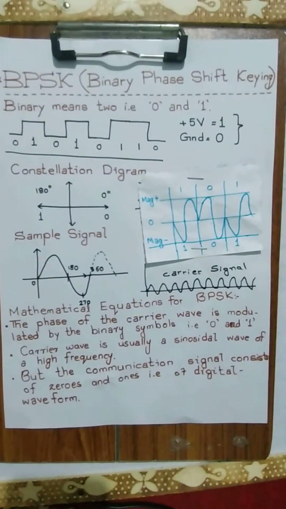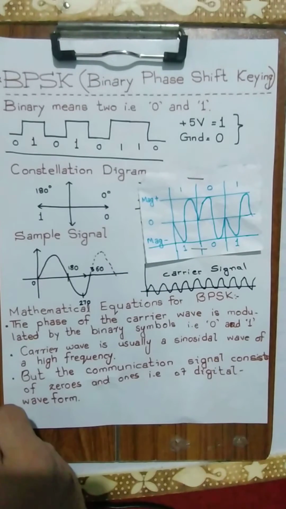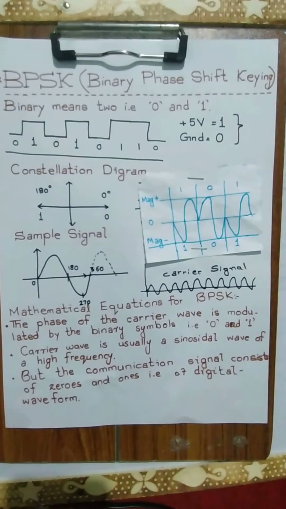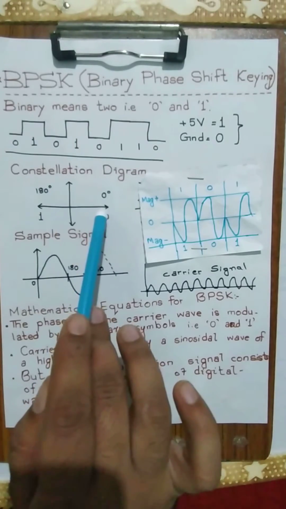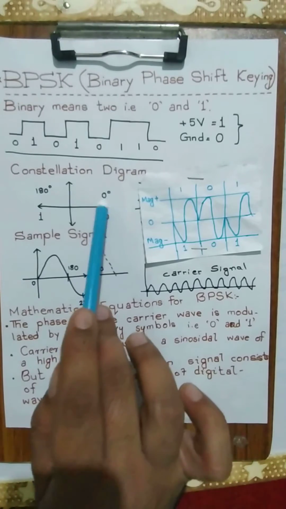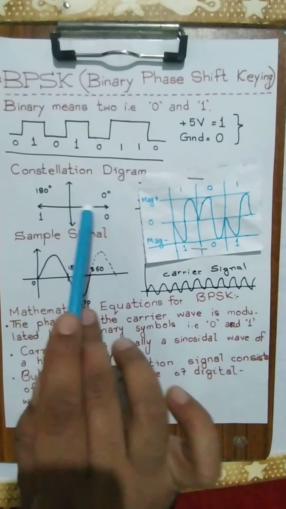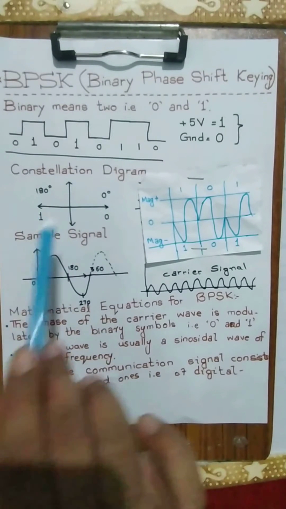Then we will come towards the constellation diagram. In this constellation diagram, we will make two axes, and we know that in one axis there are 180 degrees.